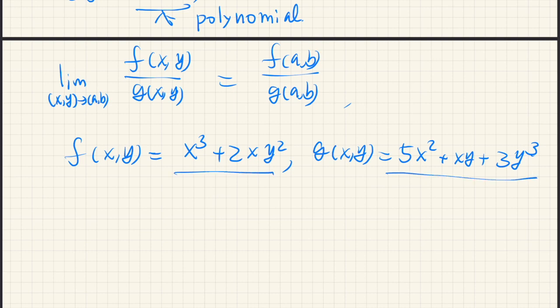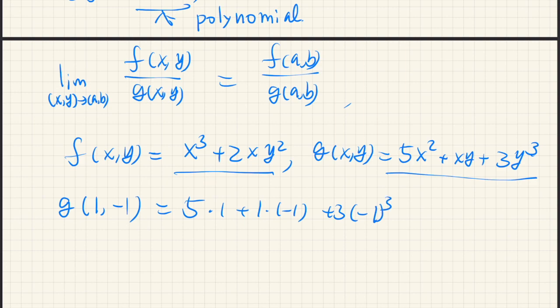This is a polynomial. And g of, let's say, 1, negative 1 is 5 times 1 plus 1 times negative 1 plus 3 times negative 1 cubed.